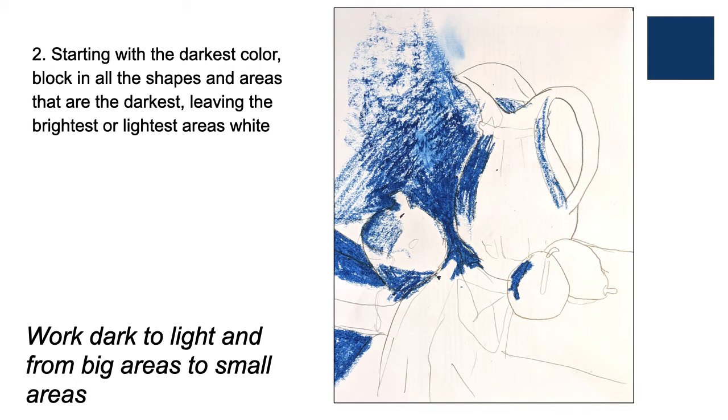So that would be the background, that would be the side of the vase, the side of the pitcher. And I'm going to just keep working by blocking in, which means you can use the side of your pastel. You can use the tip. We can push hard or draw lightly, okay? And we're going to just keep adding our colors.